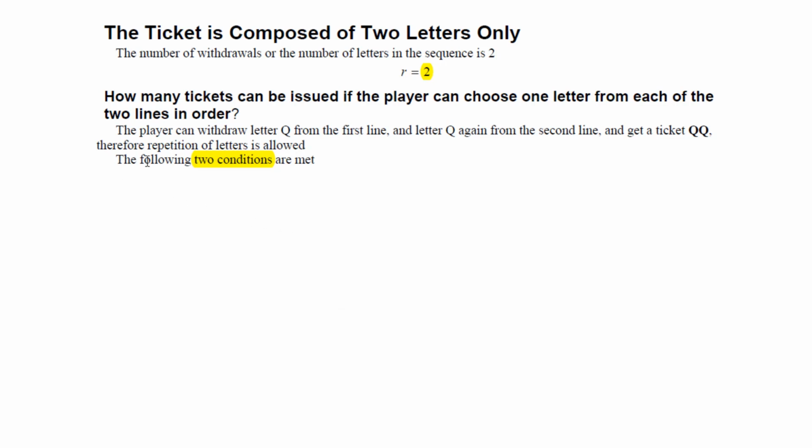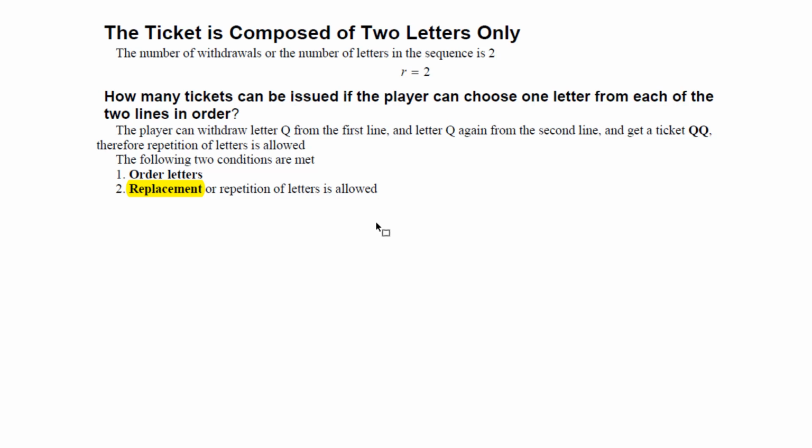So now we have the 2 conditions. The first one is ordered letters, because the problem states that one letter from each of the 2 lines in order. This is mentioned clearly. And the second thing, we have just understood that replacement or repetition of the letter is allowed.